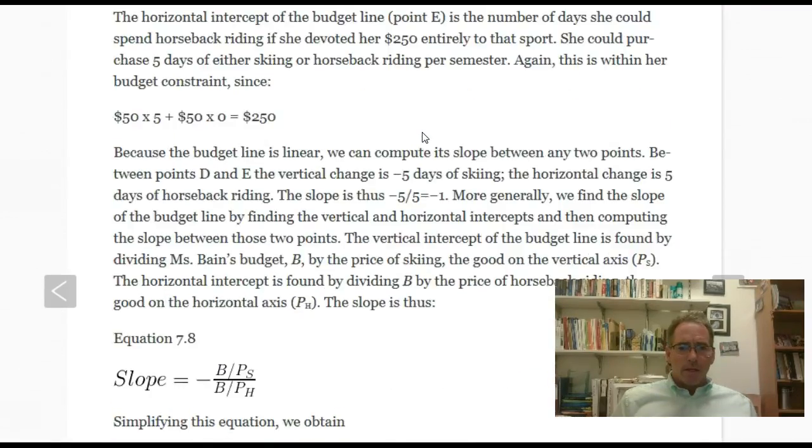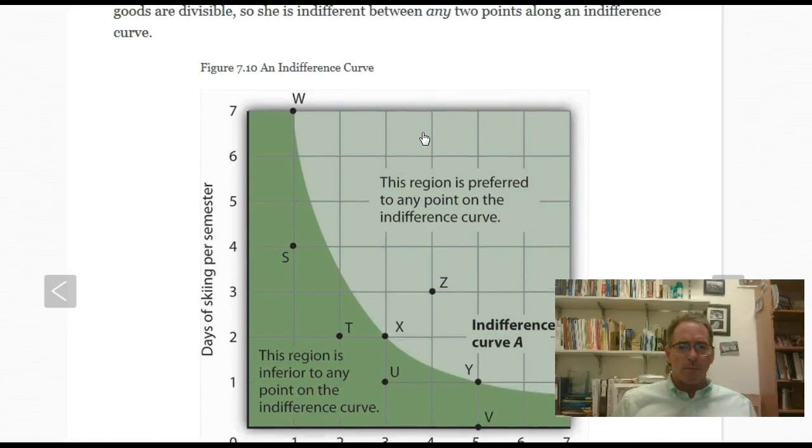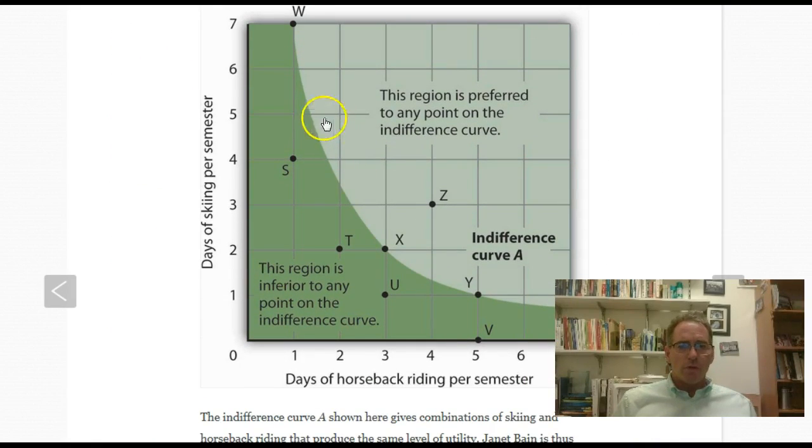And then the other part of the puzzle, quickly, is the indifference curve. This is the more complicated part. This shows you the quantities, or the consumption bundles, of equal utility. So you have to do some reading to understand this, but all the points on the edge of this curve here have equal utility by definition because they're all on the same indifference curve.